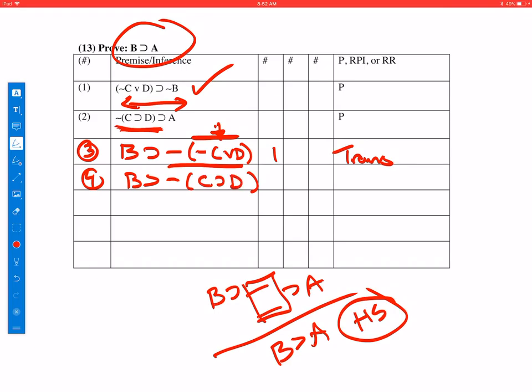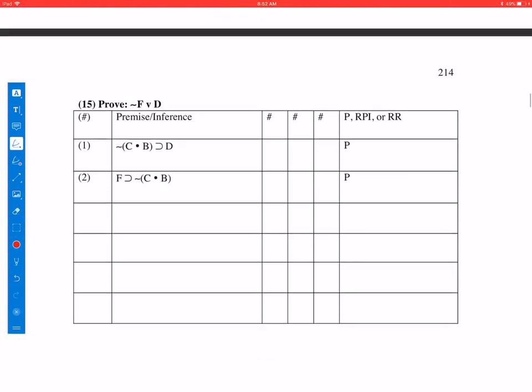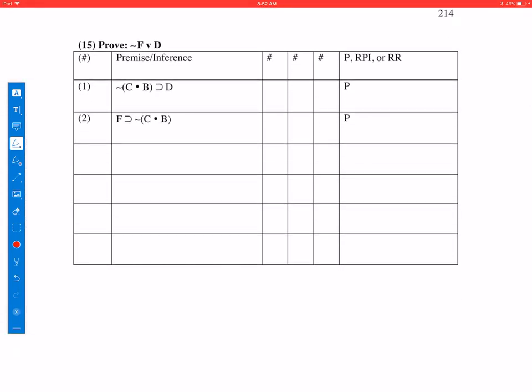The not C becomes a C, the or becomes a then, and the D stays the same. That's from 3, material implication. Now we can see we have blank then blah, blah then A. Those blahs match. We can put them together, B then A, and that's from 2 and 4, H.S. And we are done. Okay, let's try another.